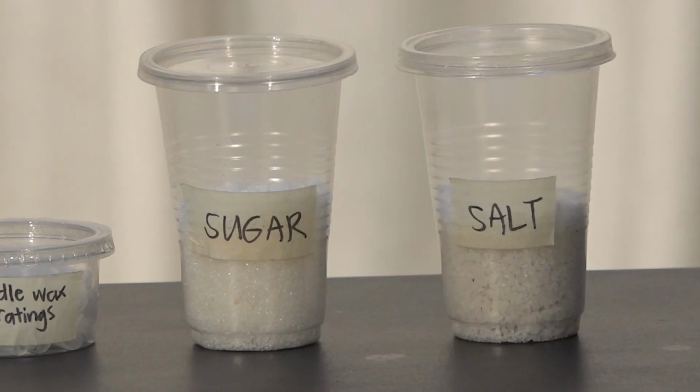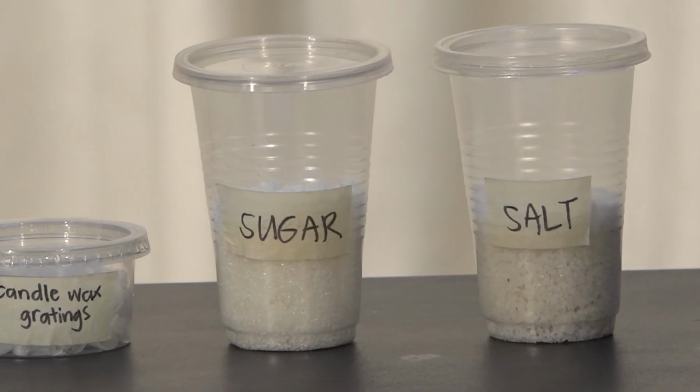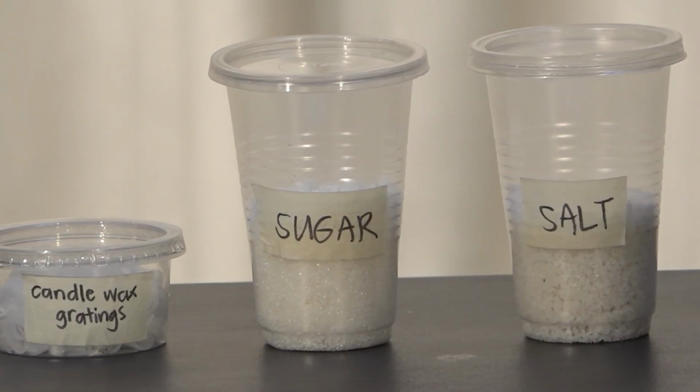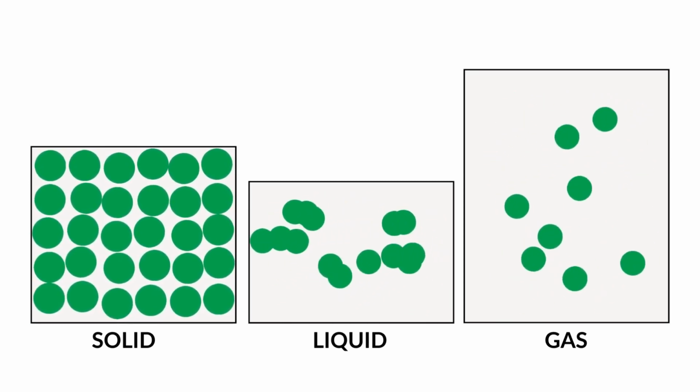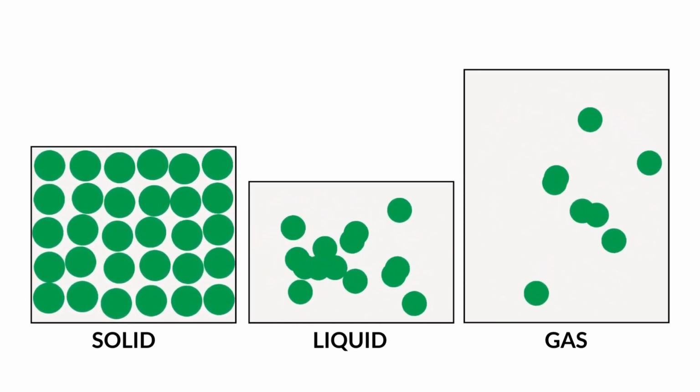Let's start with the appearances of our samples, particularly their physical state at room temperature. As you have observed, all our samples are solid at room temperature. What makes them solid at room temperature? To explain this, let's recall the physical states of substances that you have learned in grade 8. Remember that the states of matter differ in the distance and motion of the particles.